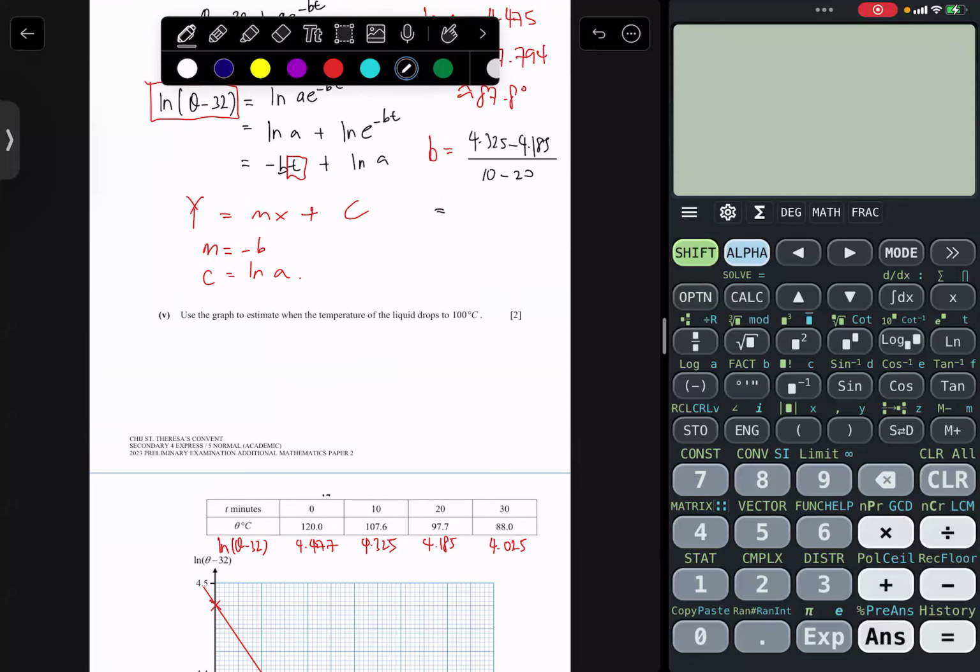So 4.325 minus 4.185 divided by 10, negative 0.014. So B equals to 0.014.